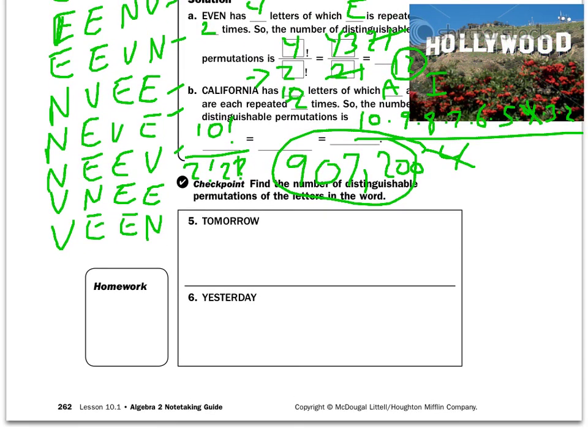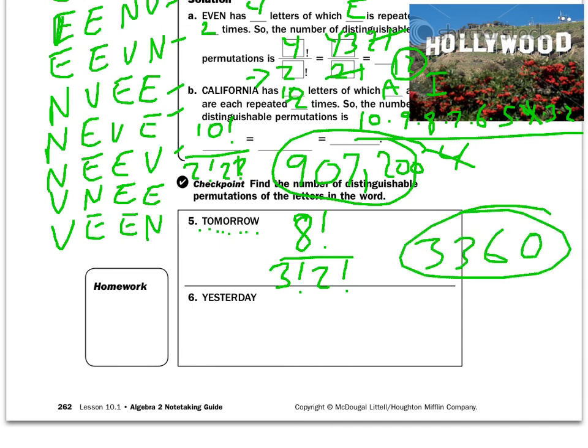All right, welcome back. Hopefully you counted that there are 1, 2, 3, 4, 5, 6, 7, 8 letters on top, 8 factorial. And the letter O is repeated 3 times, so I have a 3 factorial. And the letter R is repeated 2 times, and that's a 2 factorial. So if I do all that work, I'm going to get 3,360.